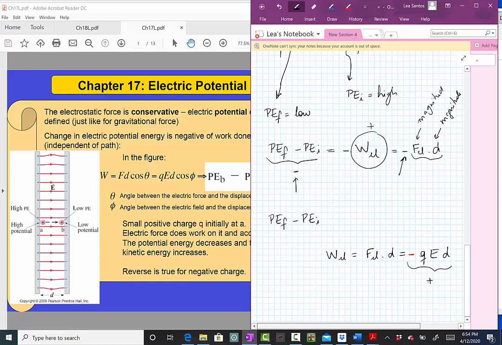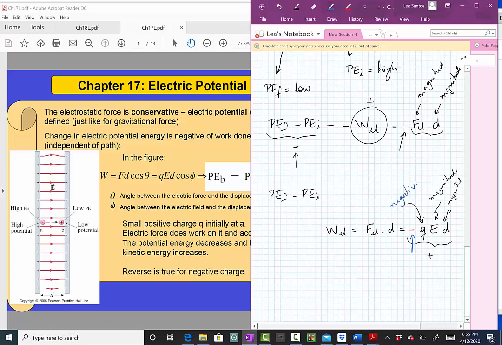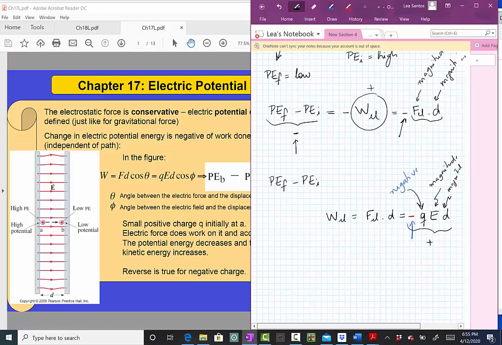Why? It's true that here the E is just the magnitude of the electric field, and this D is just the magnitude of the displacement. But Q, we do care about the sign here. And Q here is a negative charge. So negative with this negative that we put here will give us a positive value. So you see what changes when we are dealing with a negative charge.